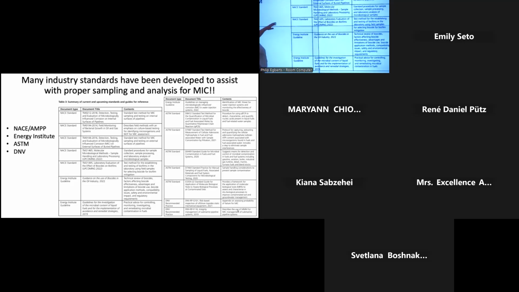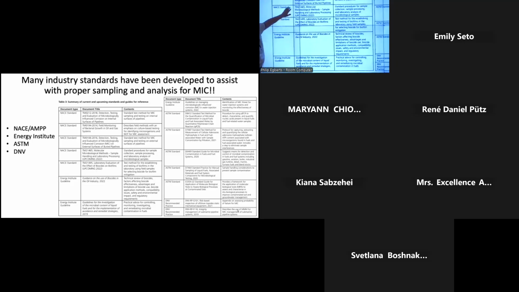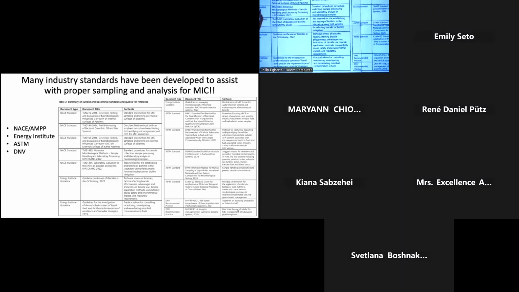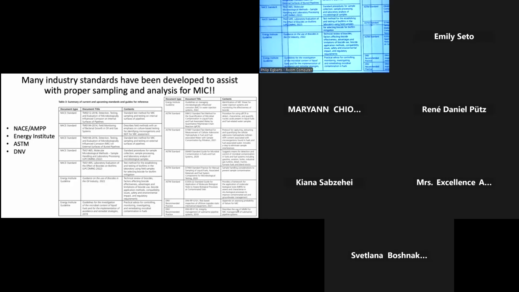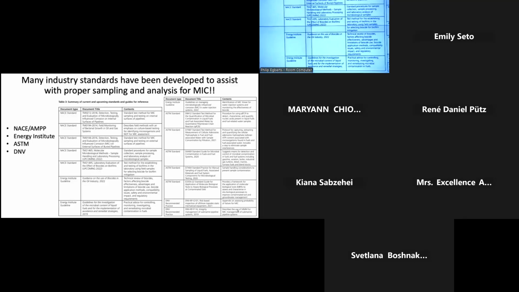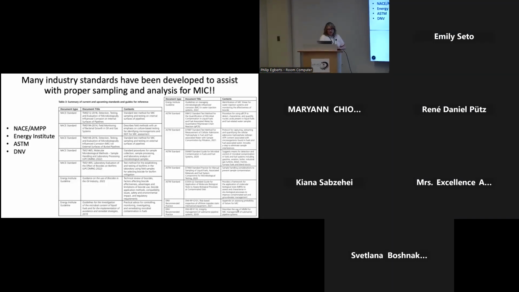Another standard I'll talk about later is related to how to sample and handle samples for molecular microbiological methods. So there are a lot of really nice standards out there that you can follow to make sure you get good quality samples for microbiological analyses.